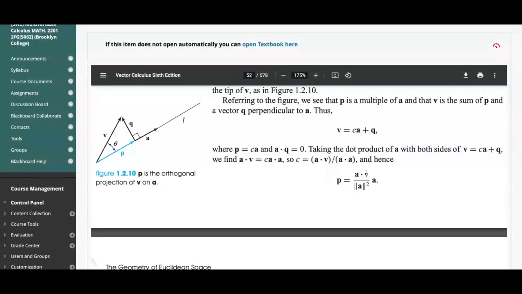If we have a vector V, and P is projected onto A, that means P is collinear with A. So this is a nice formula: A dot V, which is a real number, divided by the length of A squared, also a number, then multiplied by vector A. So P is a scalar multiple of A, and of course they're collinear. Any questions?